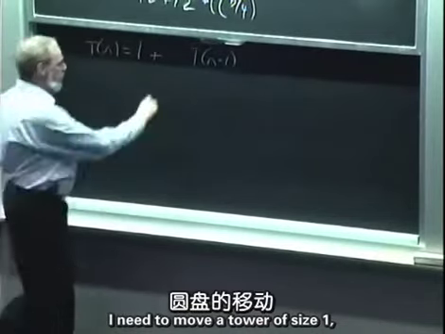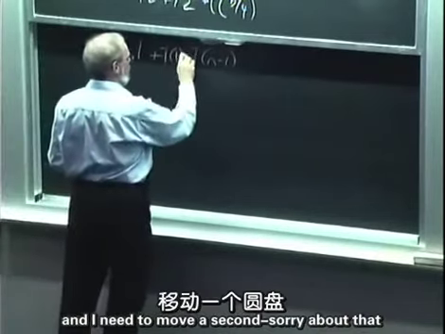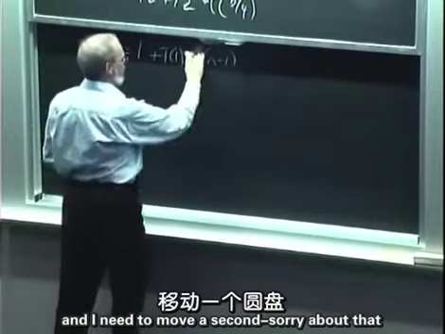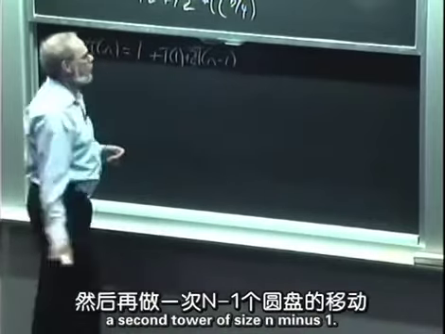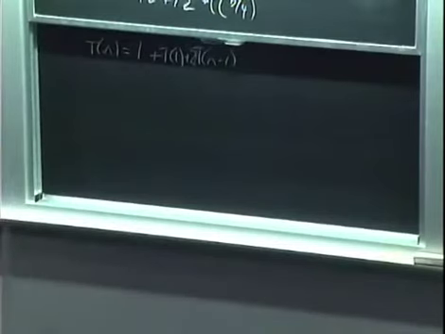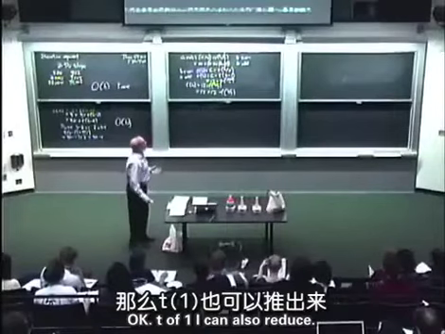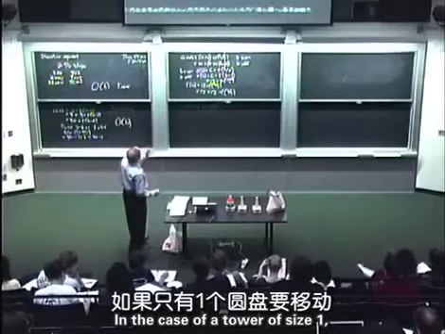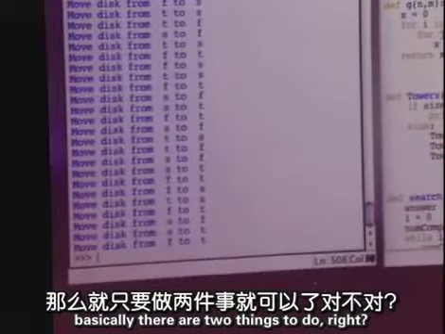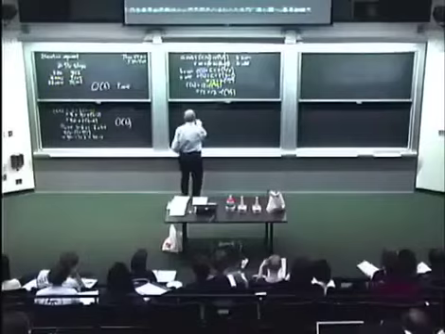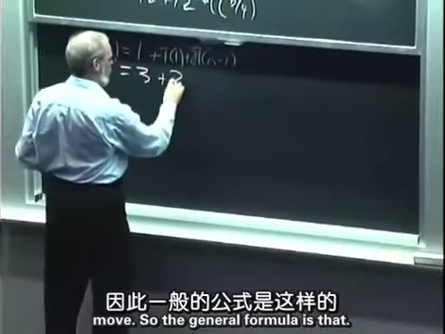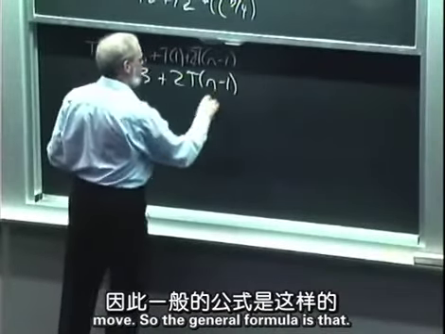I need to move a tower of size 1. And I need to move a second tower of size n minus 1. T of 1 I can also reduce. In the case of a tower of size 1, basically there are two things to do: I do the test and then I just do the move. So the general formula is that.